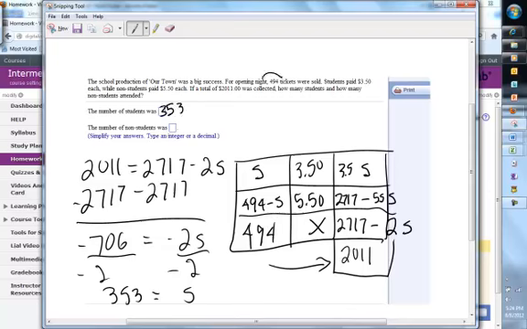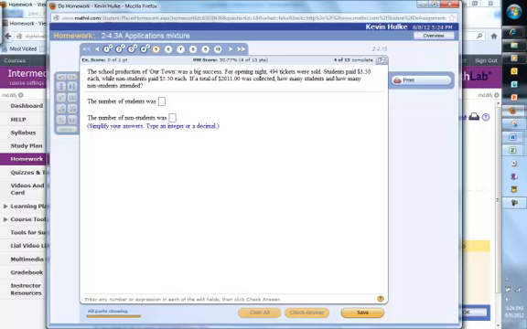Since there were a total of 494, there must have been 141 non-students. 353 and 141. All right. Number 6.